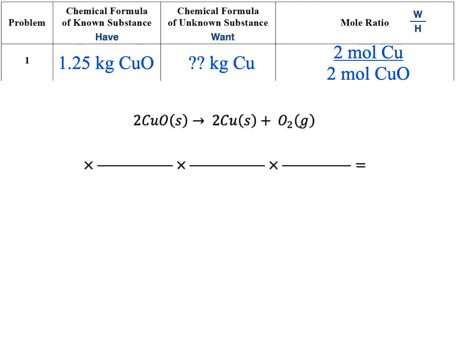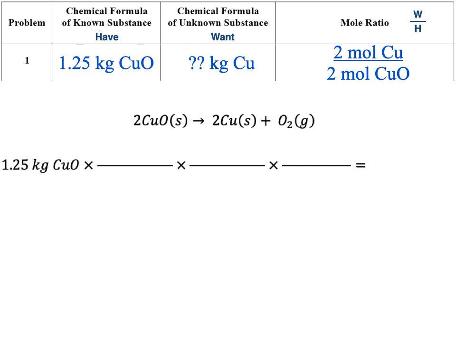But the first thing we have to do is take our 1.25 kilograms of copper 2 oxide, and we want to convert it to moles. But since we have kilograms, we're going to use kilomoles, just so everything is consistent. You can do that in chemistry. So the first step is I need to get rid of my kilograms of copper 2 oxide, so I need the molar mass.